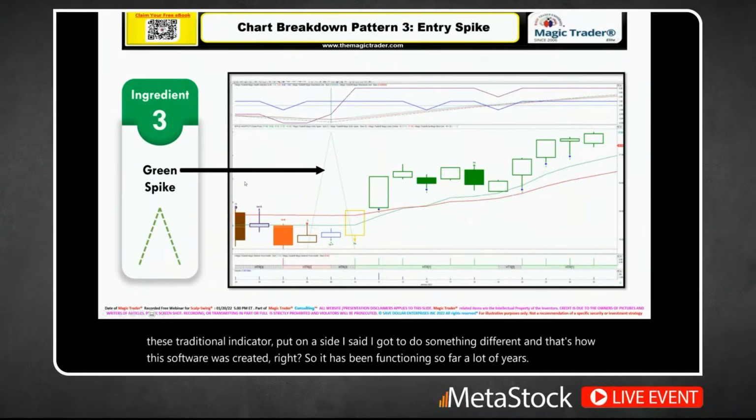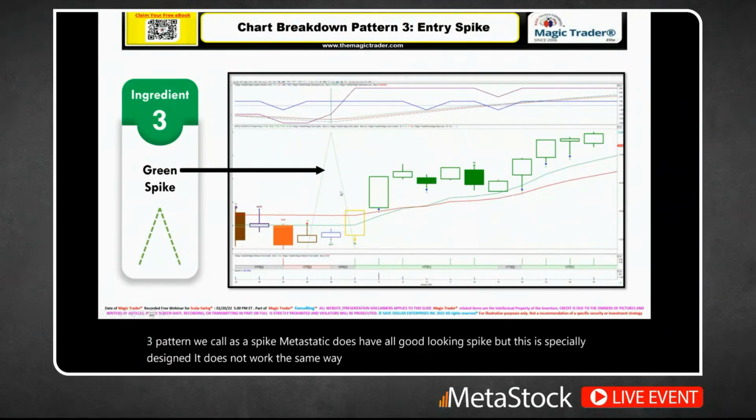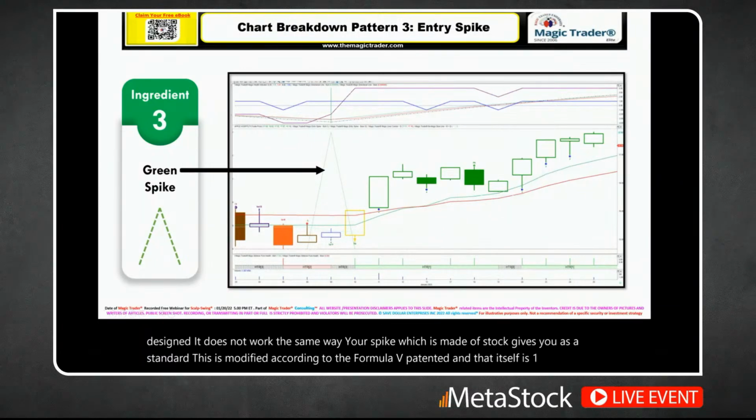Number three pattern, we call it a spike. MetaStock does have all good looking spikes, but this is specially designed. It does not work the same way the spike which MetaStock gives you as a standard does. This is modified according to the formula we patented, and that itself is one of the dimensions.